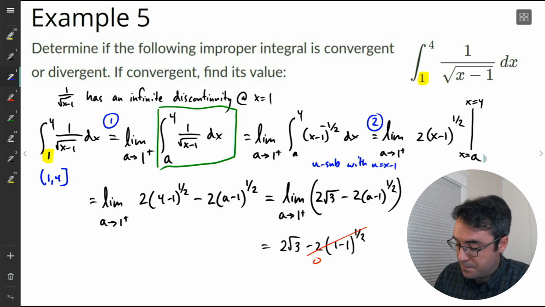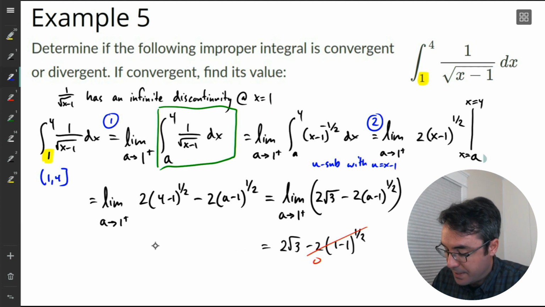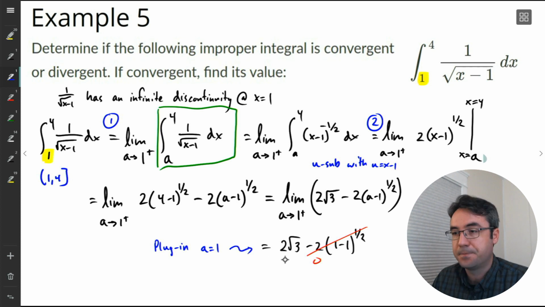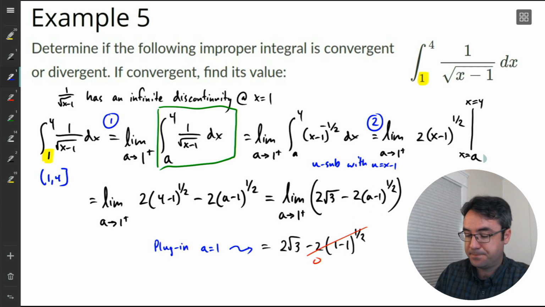So the way we evaluate this limit is direct substitution, we plug in a equals 1, and we get something meaningful out.